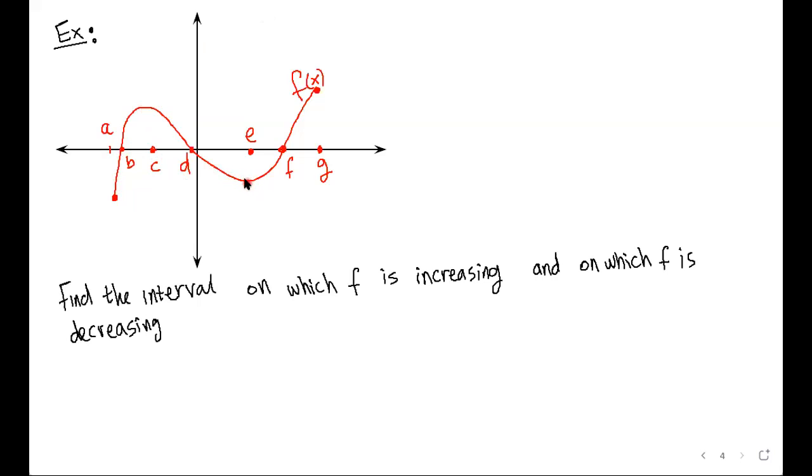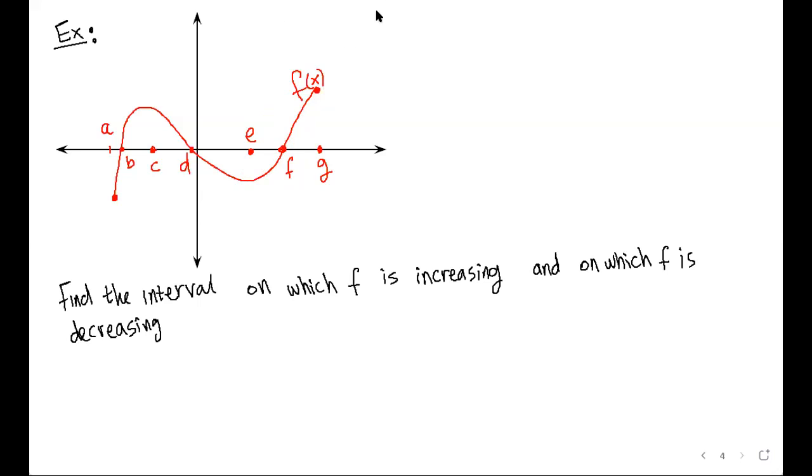And then the function, look, from E to G is increasing again. So the function has two intervals for increasing.